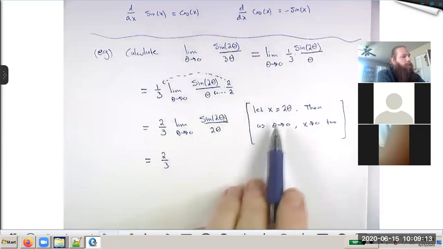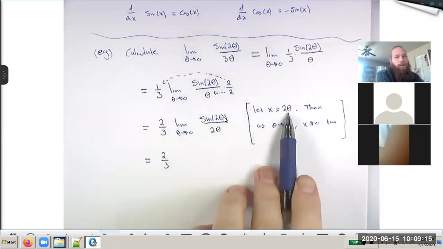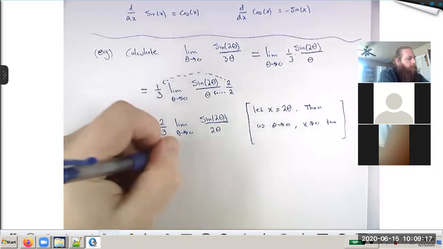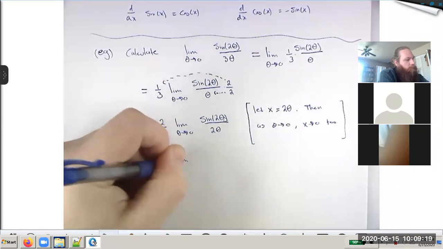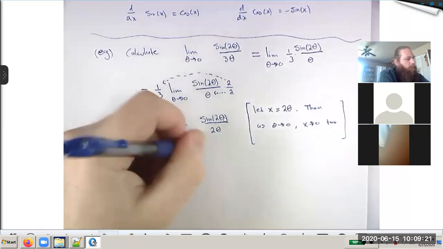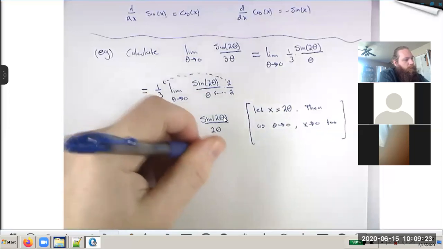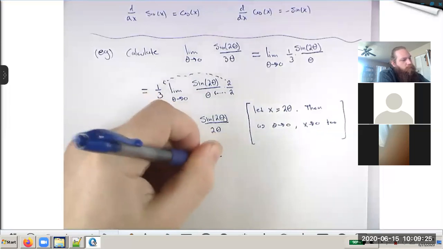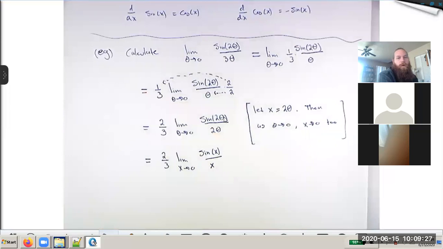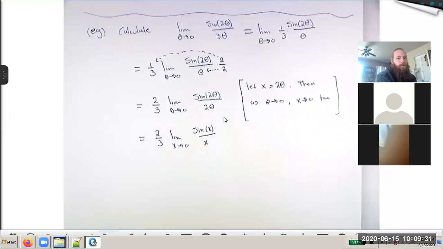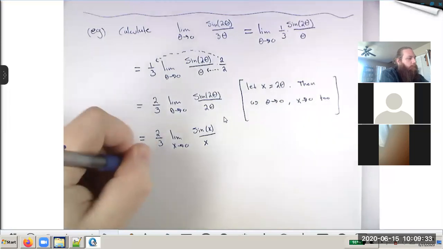If I make the substitution now, x equals 2 theta, then this becomes the limit as x goes to 0 of sine x over x. And that's the limit I know to be 1. So what do we get out of this?